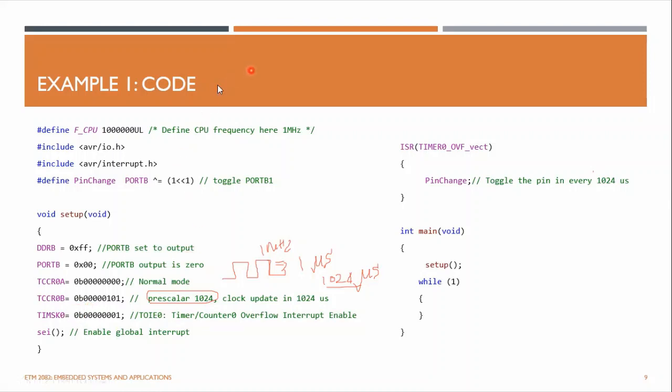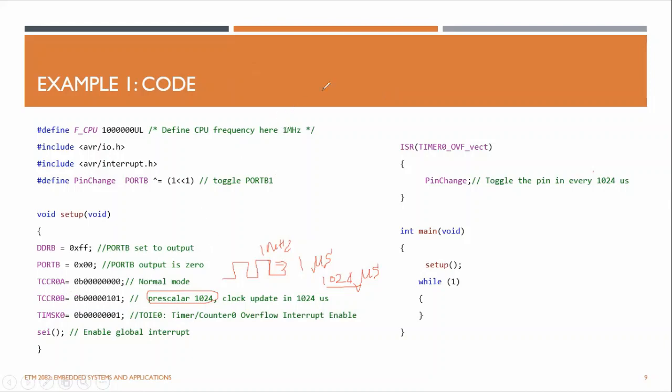So the thing is that each and every 1,000 microseconds, like this is an 8-bit register, timer 0.